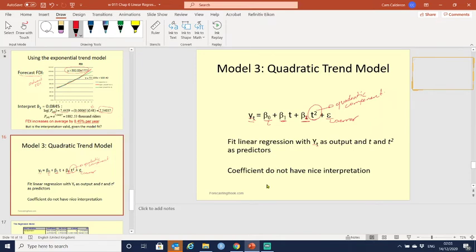This coefficient does not have a very clear interpretation. The only interpretation I can make from here is that there is a component that is making a quadratic trend, something looking like this or like this.